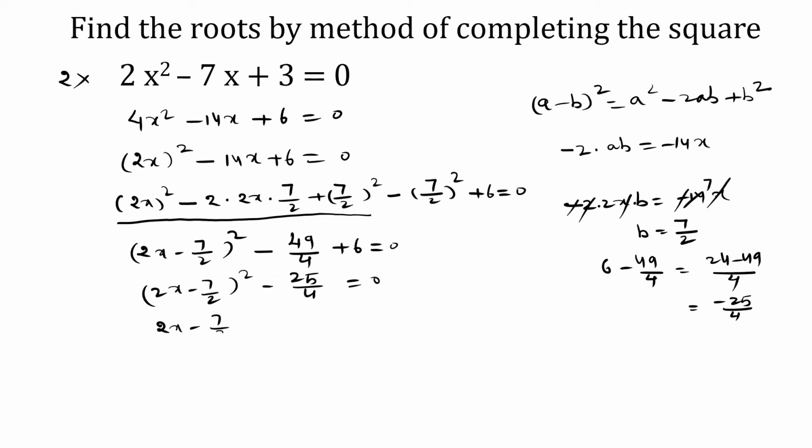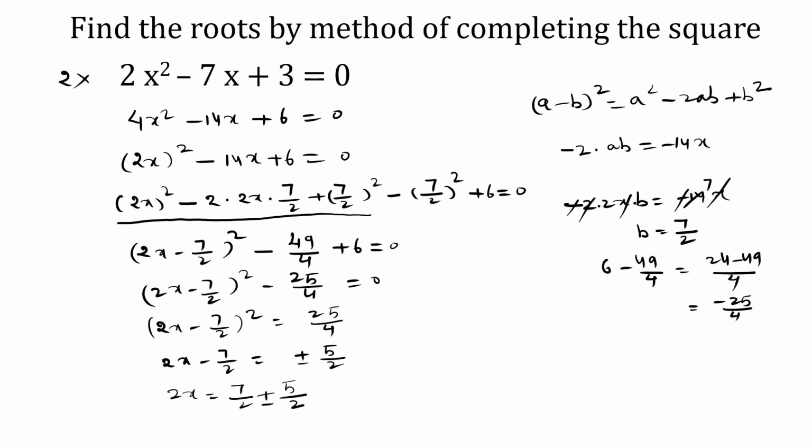Now we transfer 25 by 4 to the RHS and now take the square root of both the sides. We get twice x minus 7 by 2 is equal to plus or minus 5 by 2. Square root of 25 is 5 and of 4 is 2. Taking 7 by 2 to the RHS, we get twice x is equal to 7 by 2 plus or minus 5 by 2.